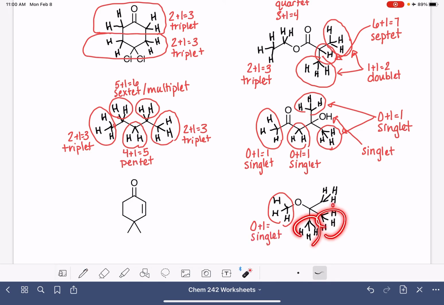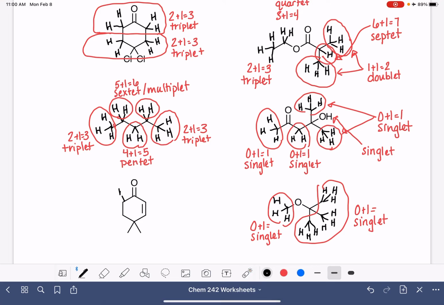All 9 of these hydrogens are equivalent to each other, and they are 1, 2, 3, 4, 5 bonds away. So all of these will also be a singlet. Remember that they cannot be split by their equivalent hydrogens. So if these hydrogens are equivalent to these hydrogens, that means they can't be splitting each other. They can only be split by hydrogens that are different.